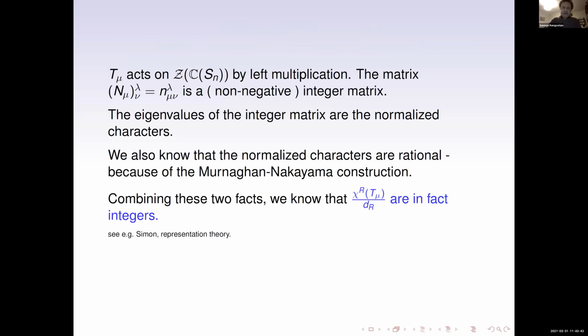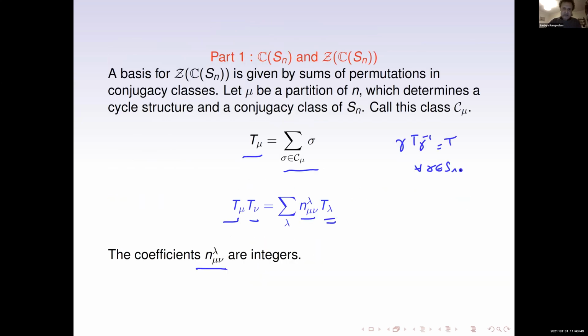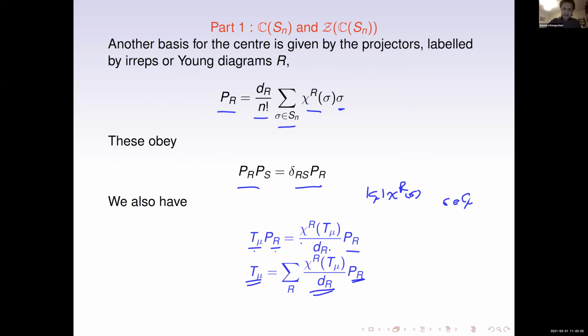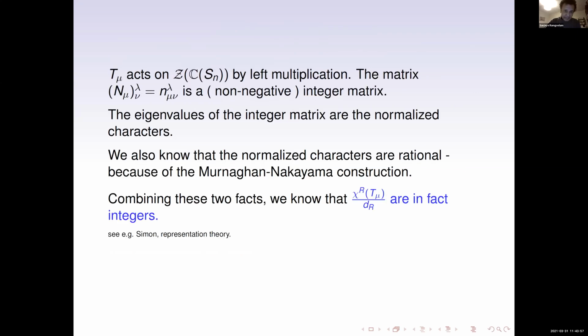Essentially, you have T mu acting on the center by left multiplication. And for each T mu, there's a matrix N mu nu lambda. You can ask, how do I diagonalize this matrix? How do I diagonalize these multiplication operators?